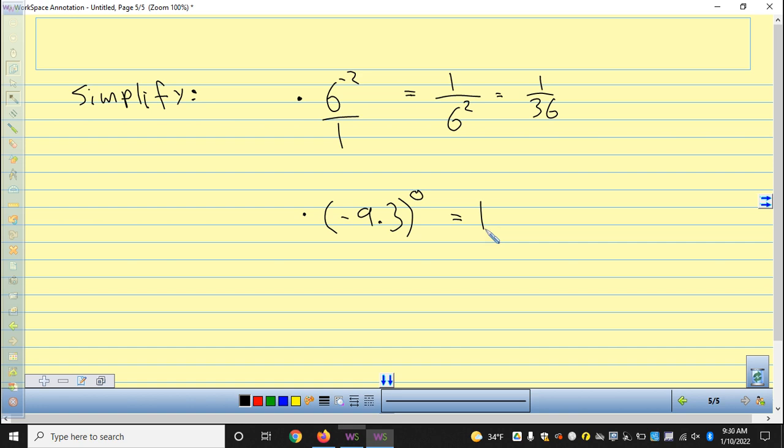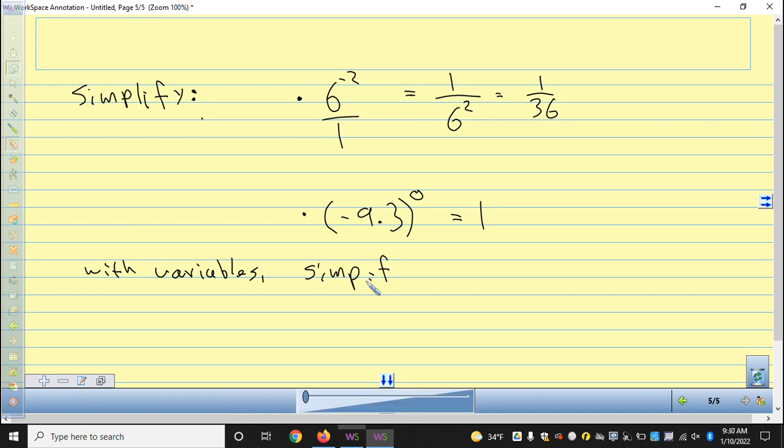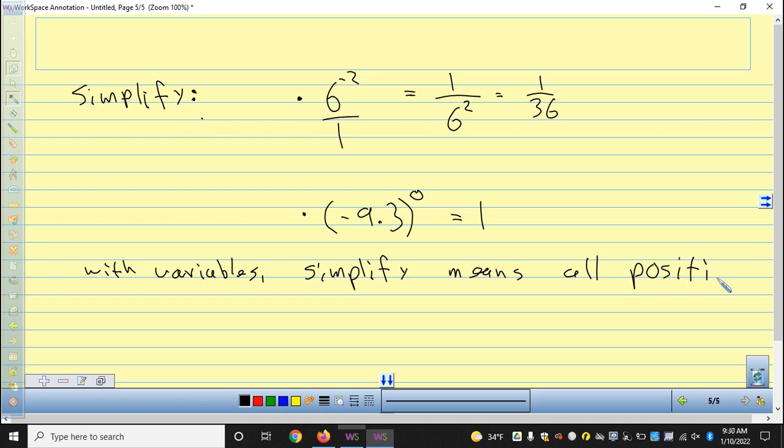When we have variables in our expression, simplify means we want all positive exponents. So we want all our exponents to be positive.